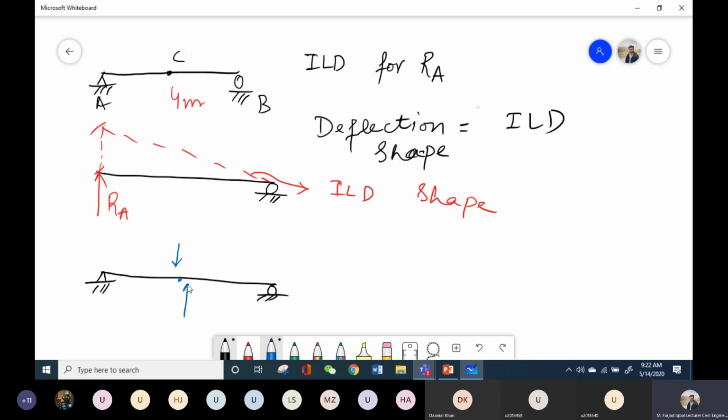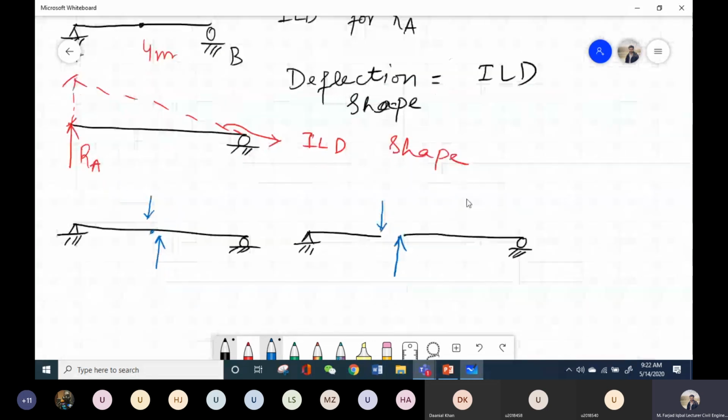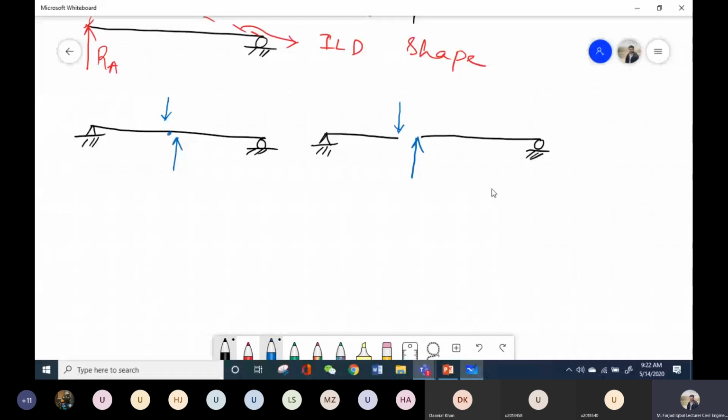Something like this. I will cut the beam into two parts or two sections, and I will apply shear force at this section. Shear force acts something like this.